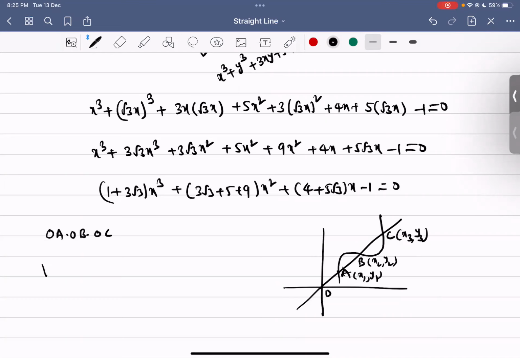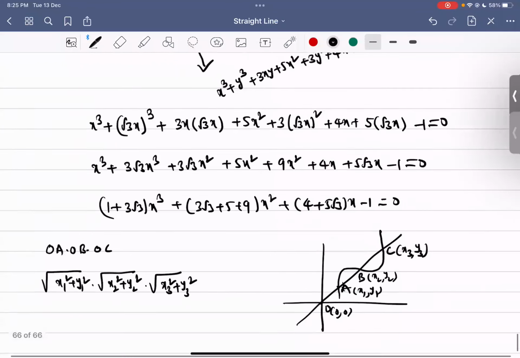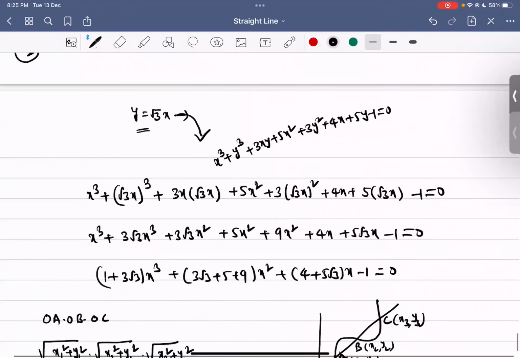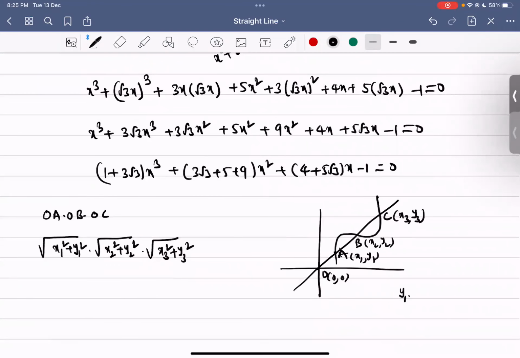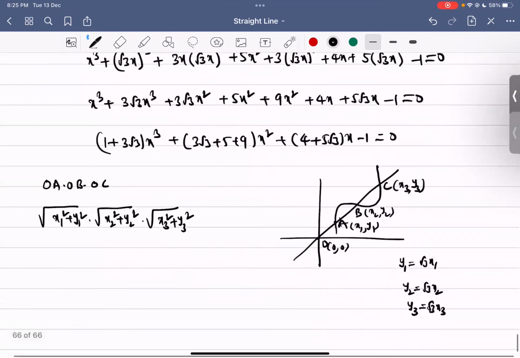OA distance is the distance from the origin to x1, y1, that is under root of x1 square plus y1 square. Into OB is root of x2 square plus y2 square. OC is root of x3 square plus y3 square. But we know that x1, y1, x2, y2, x3, y3 lie on the line. Therefore y1 is equal to root 3x1, y2 is equal to root 3x2, y3 is equal to root 3x3. So in place of y1, you put root 3x1.